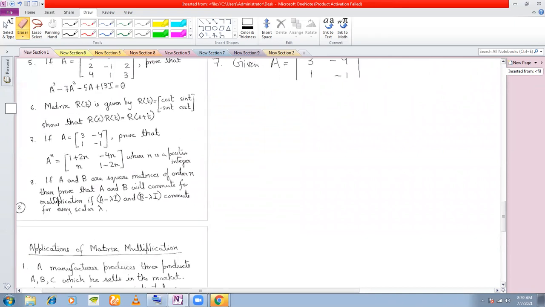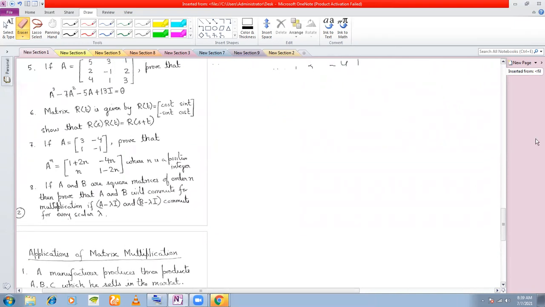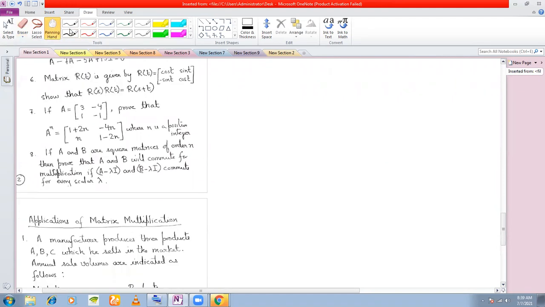If you read the next question, it states A and B are square matrices of order n. Prove that A and B will commute for multiplication if A minus lambda I and B minus lambda I will commute for every scalar lambda. Commute means the commutative property will hold.